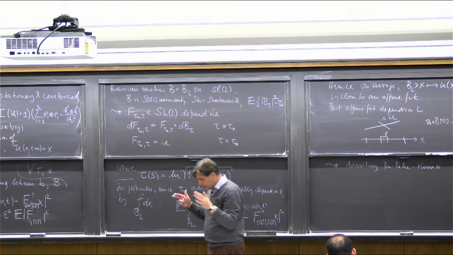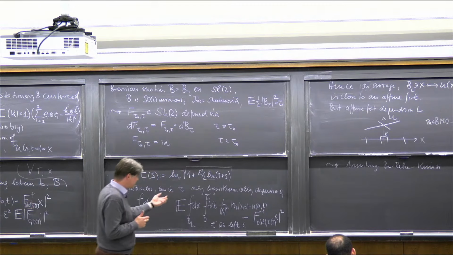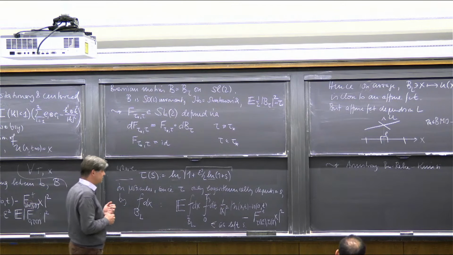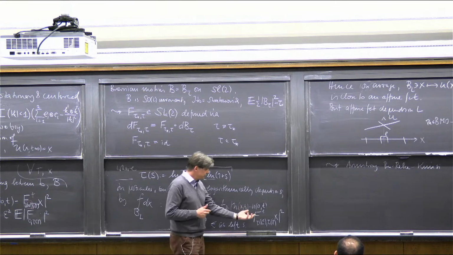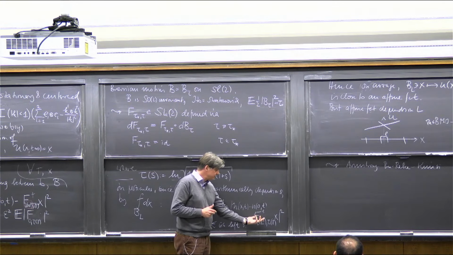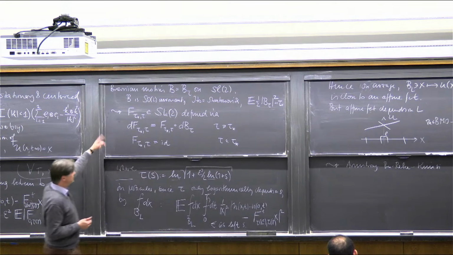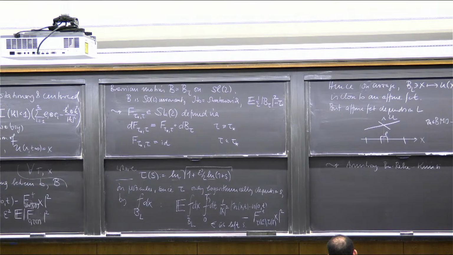Now this makes it very specific, at least in the case of this parabolic equation, that the matrix which you see, this affine function, is in fact given by this diffusion on SL2.